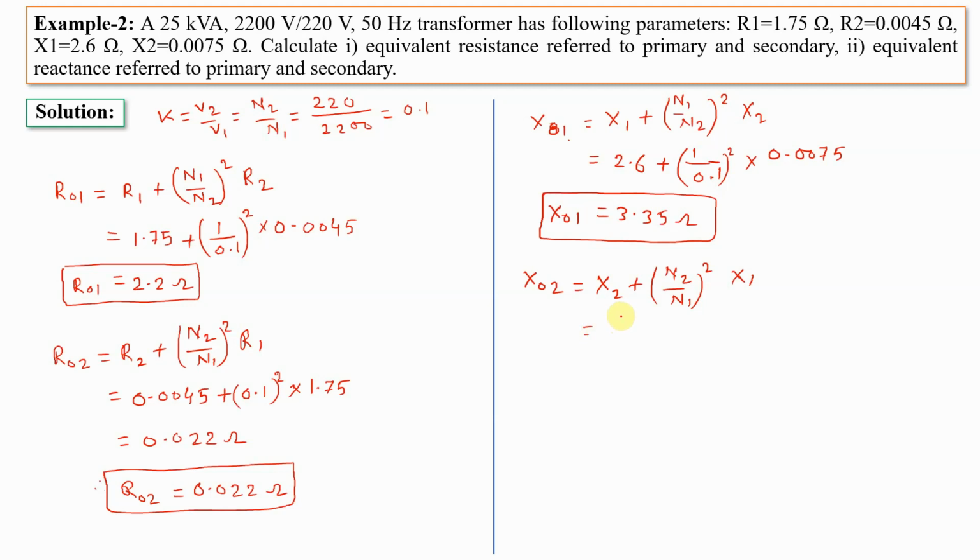So here X2 is 0.0075 plus N2 by N1, which is 0.1, square into X1, that is 2.6, and its value will be 0.0335 ohms. So this is the equivalent reactance referred to secondary. So this is a complete solution.